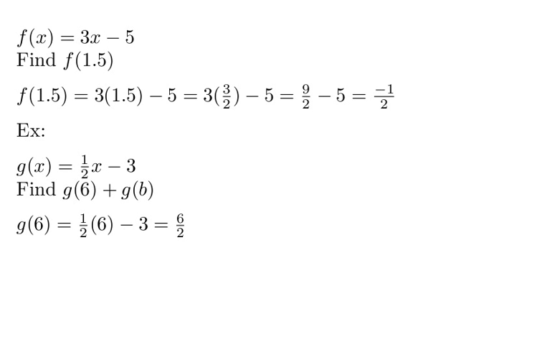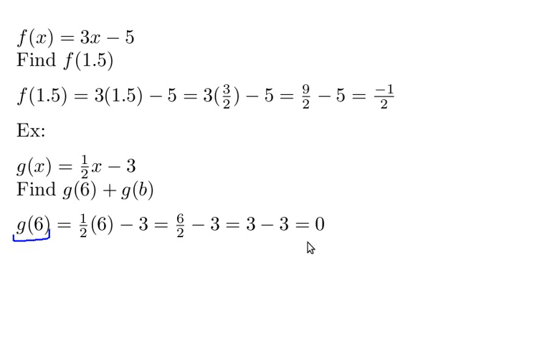Minus 3 equals 3 minus 3, which is going to equal 0. So now we figured out that g of 6 equals 0.